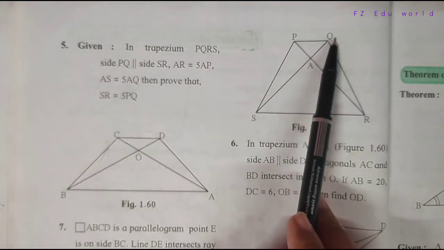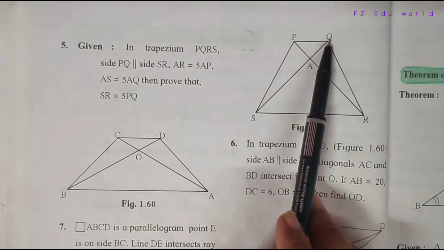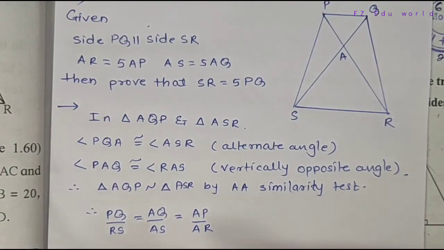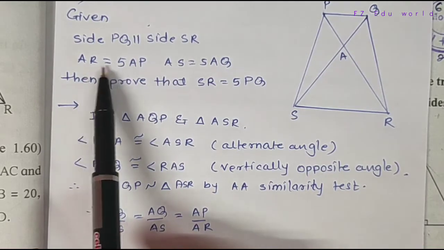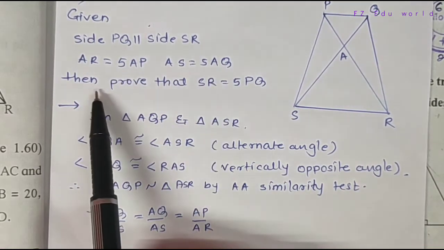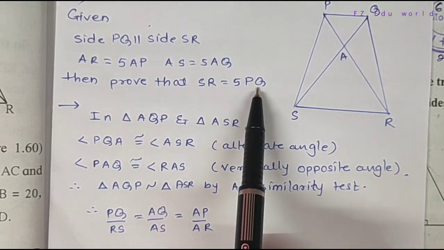Then we have to prove that SR is equal to 5 times PQ. Now we write: given side PQ parallel to side SR, AR is equal to 5 times AP, AS is equal to 5 times AQ, and we have to prove that SR is equal to 5 times PQ.